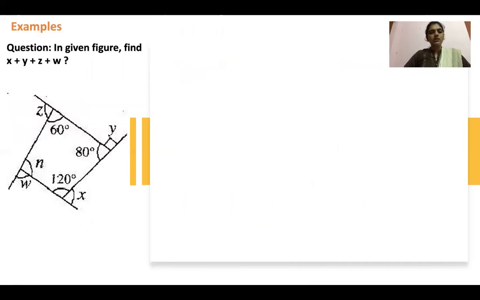Our next question is, here we have a quadrilateral, and we have to find the sum of angles x, y, z, and w. But before that, let's find this interior angle. In this quadrilateral, three angles are given and we have to find the fourth one.